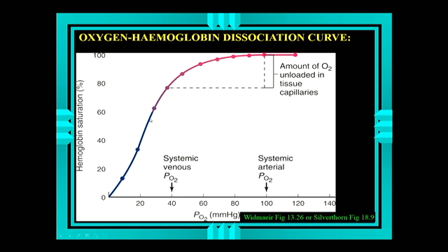So you have delivered an additional 20% of your haemoglobin's oxygen to your tissues. Okay, so you've virtually doubled the oxygen delivery to your tissues with a small drop of PO2 in those cells.